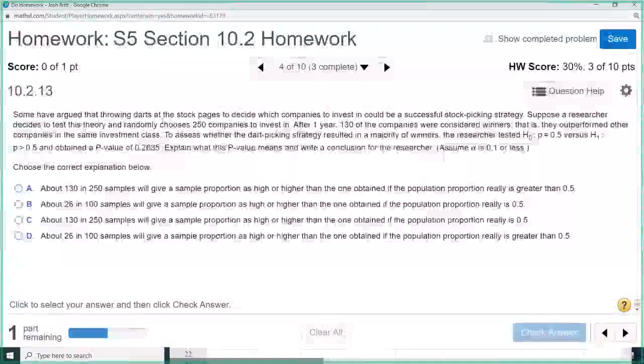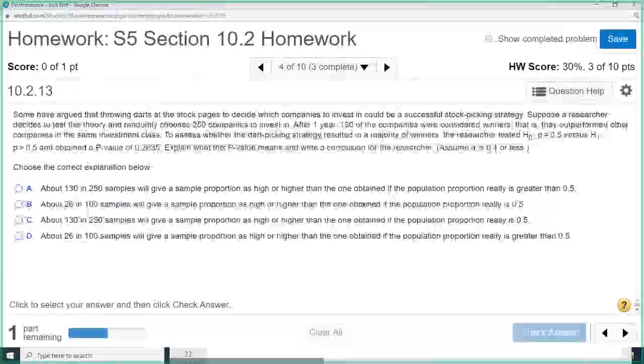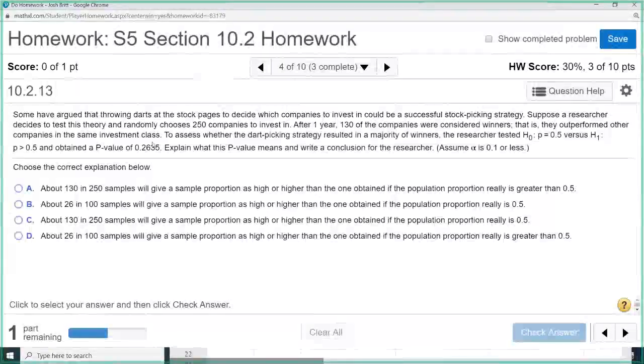Some have argued throwing darts at a stock page to decide which companies to invest in could be a successful stock picking strategy. So here's our researcher. Suppose a researcher decides to test his theory and randomly chooses 250 companies to invest in. After 1 year, 130 of the companies were considered winners. That is, they outperformed other companies in the same investment class.